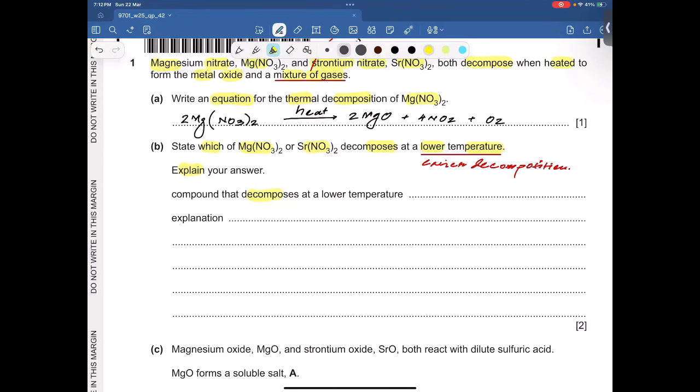So the compound that decomposes at low temperature is obviously magnesium nitrate. Okay. But what's the reason behind this?